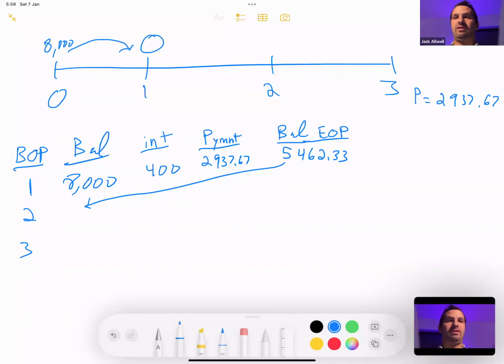Now we're sitting there at 5,462, and then we're going to accrue interest. See how the interest is going down now because our balance is smaller.